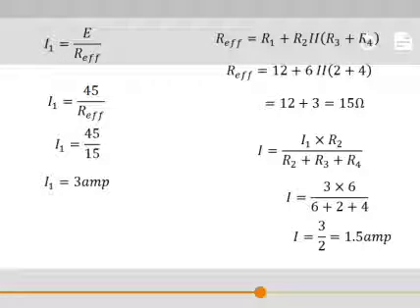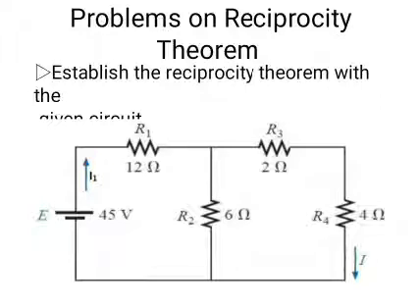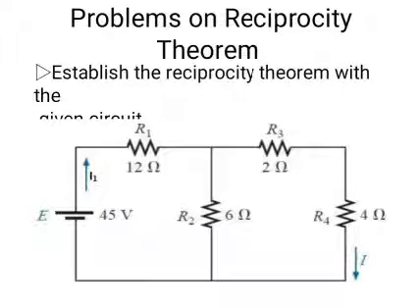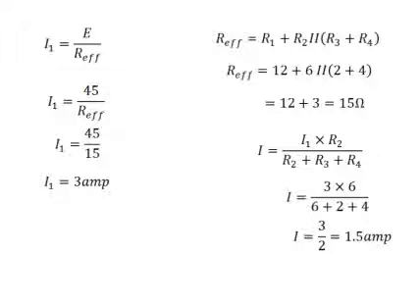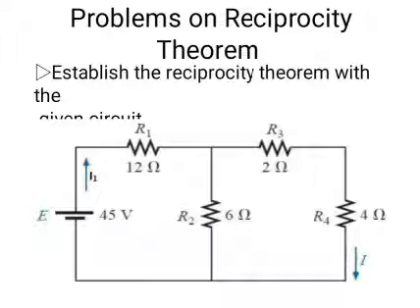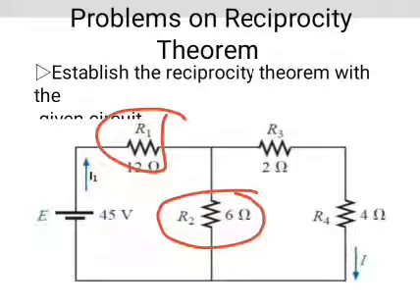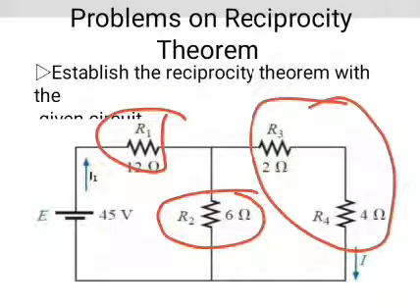We know the effective resistance equals R1 plus R2 parallel R3 plus R4.